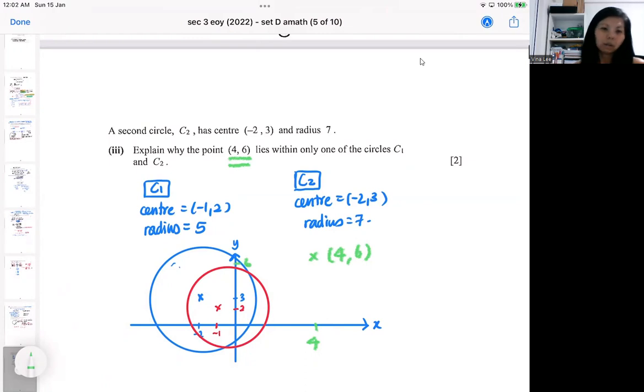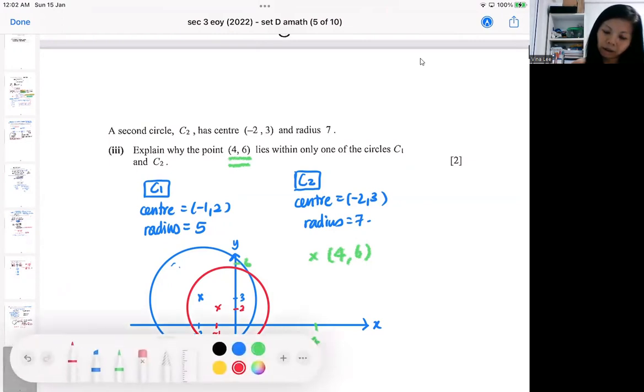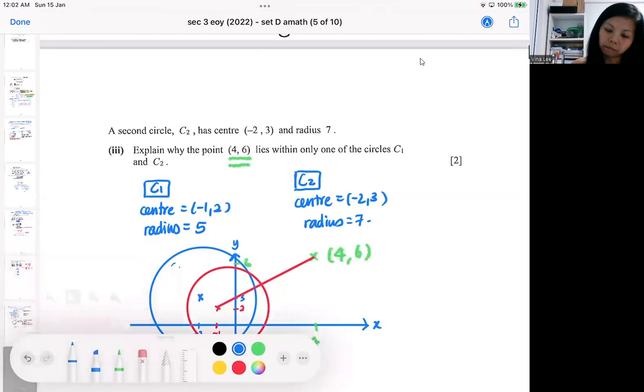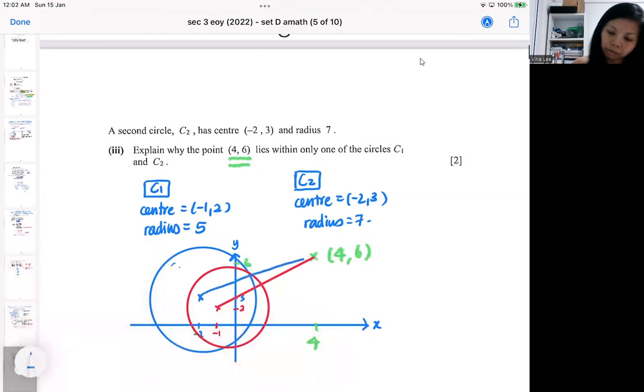So the correct approach is to apply your length formula. I'm actually calculating this length, and I'm actually calculating this length. My diagram is not very accurate, but the whole idea is right.